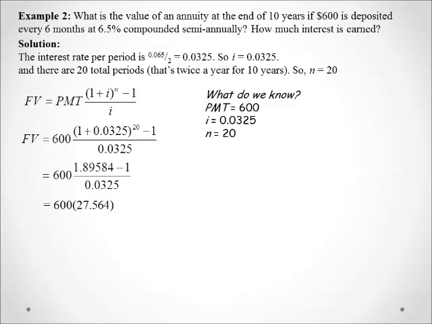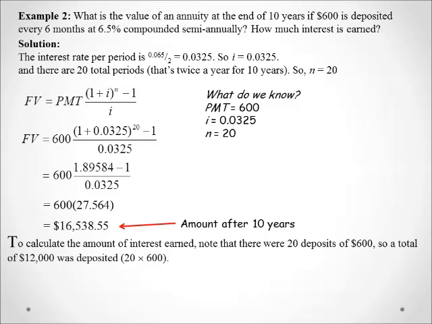The result of that whole mess is 27.564. Multiply that by 600. That means at the end of this time period, there will be $16,538.55.